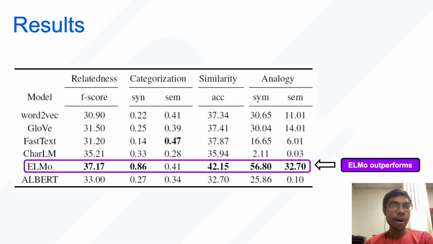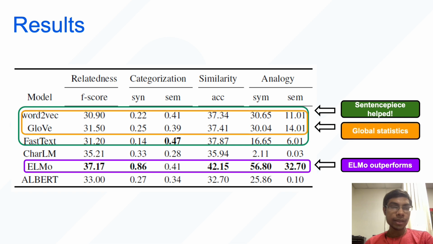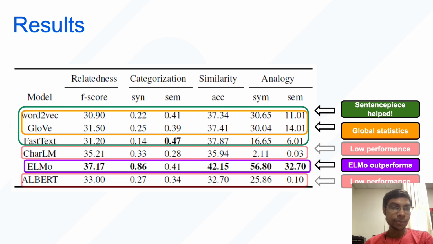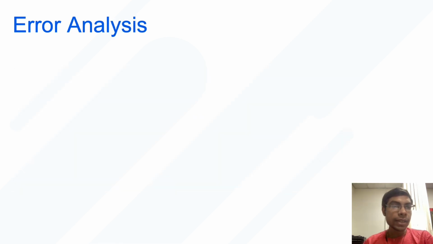We find that ELMo outperforms all the word embeddings, and SentencePiece helps to overcome the out of vocabulary problem. If you compare word2vec and GloVe, global statistics helps slightly better. But we find that character level language modeling and ALBERT do not perform that well, and one possible reason may be that data is insufficient to train these models. We performed error analysis.